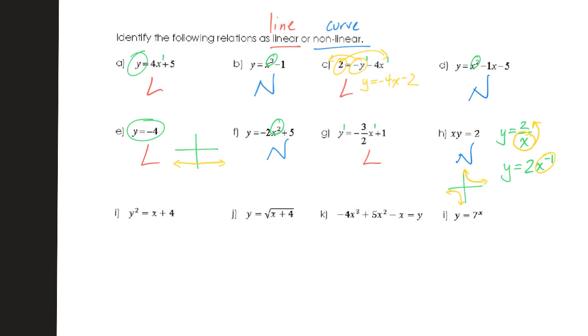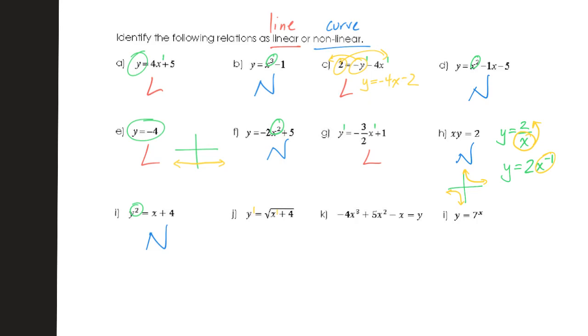And so when we take a look at that last row, I should be able to quickly go through and say, well, this first one is nonlinear because you notice that you have a squared on your y. We take a look at J, and this one might be a little tough. I threw this one in there because we may look and go, hey, they both have exponents 1.